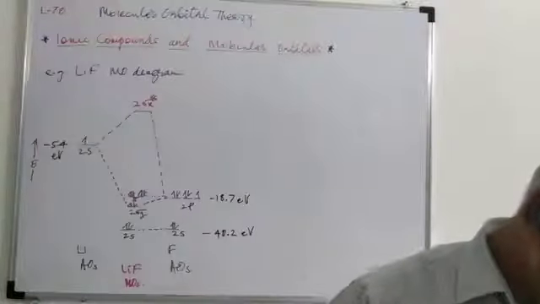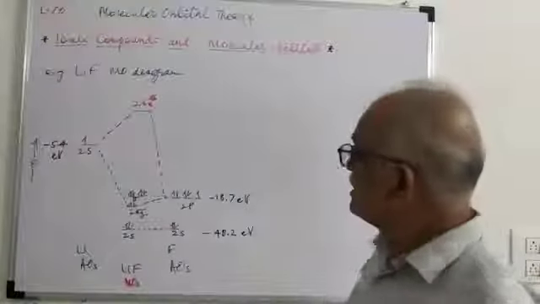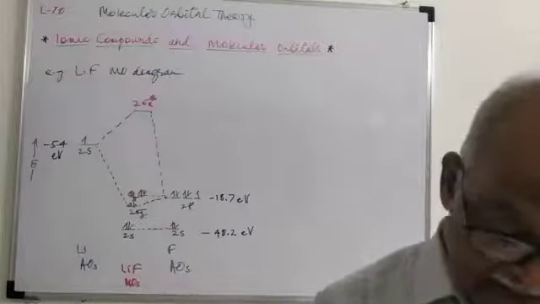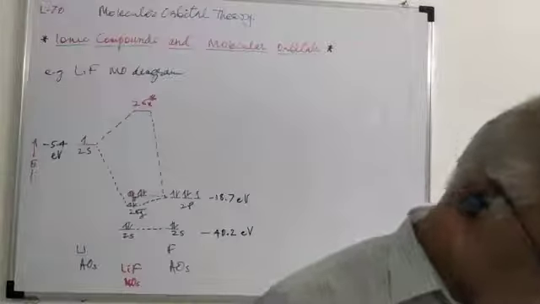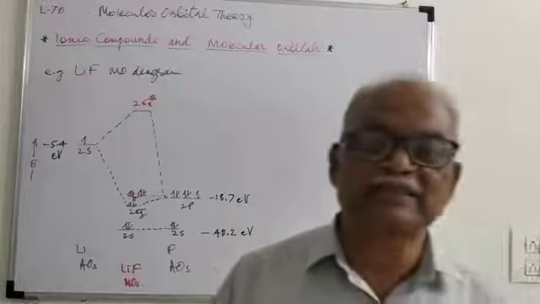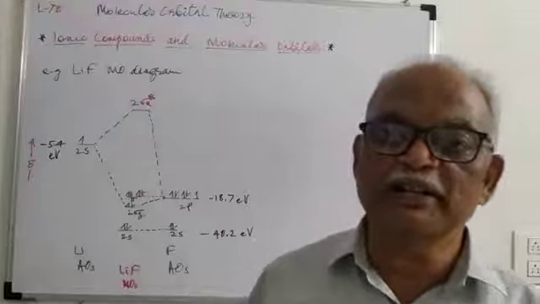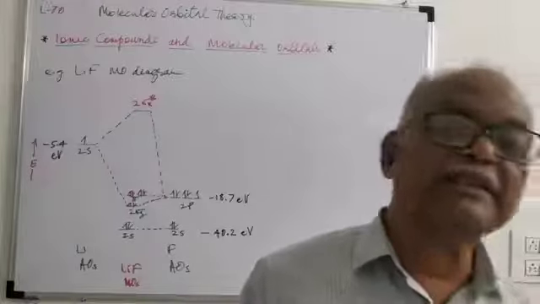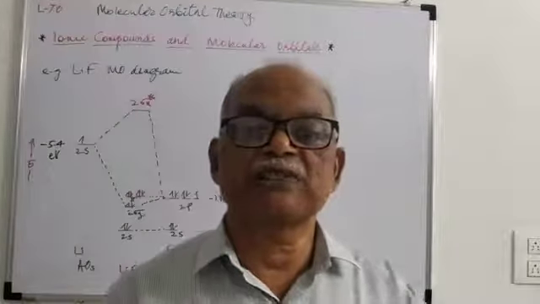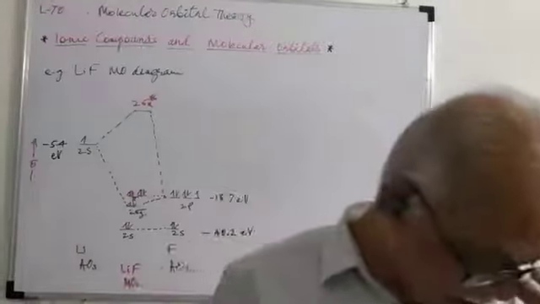Now we will see that during the formation of this crystal lattice of lithium fluoride, there are several steps involved in the process of formation of the crystal lattice. Ion pairs are first of all formed, and then these ion pairs are converted into the crystal lattice.